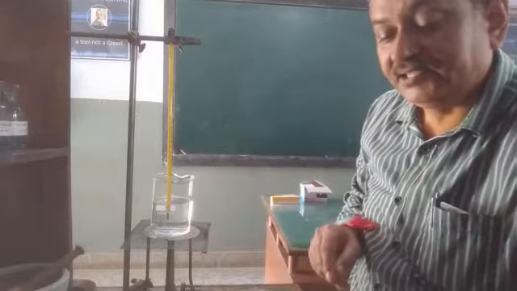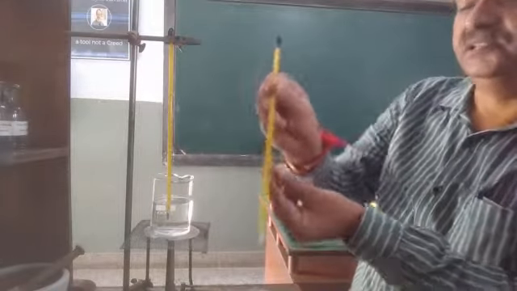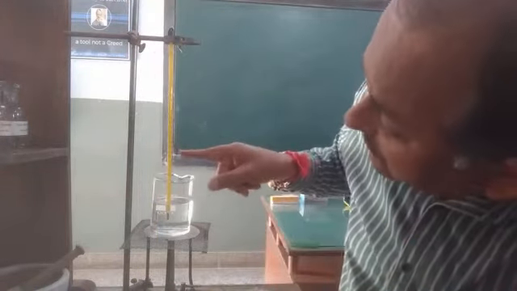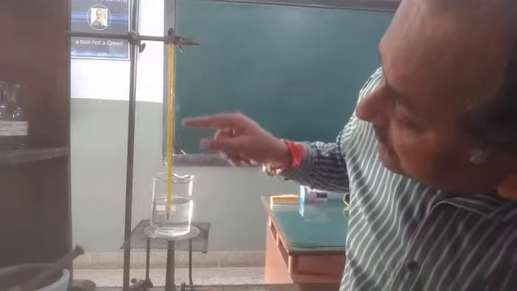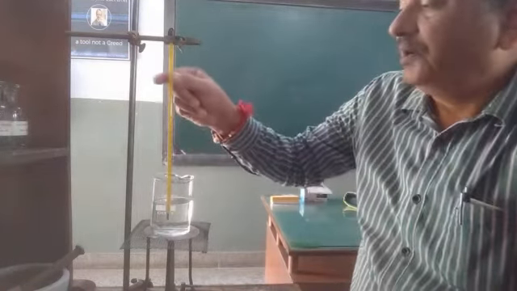So I will show you something like that. Now see children, here the temperature in this thermometer is still 30. It is the initial temperature I have taken. But now see this, here the temperature has increased to around 70.